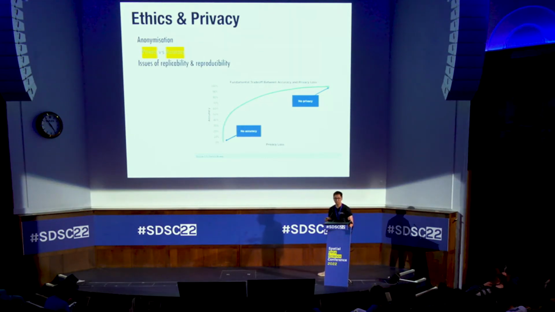However, I think we haven't really addressed the trade-off that we have between privacy and accuracy. So if you look at this, there is a trade-off here that we need to accept, and I think the challenge is finding the sweet spot, where we stand on this. You can go all the way, increasing privacy over here, but then you end up with data that are not very accurate, so not usable, right?